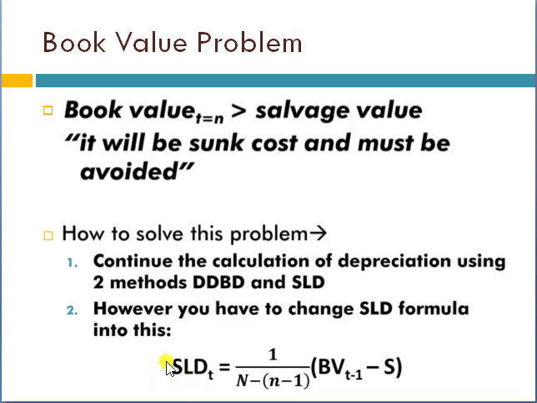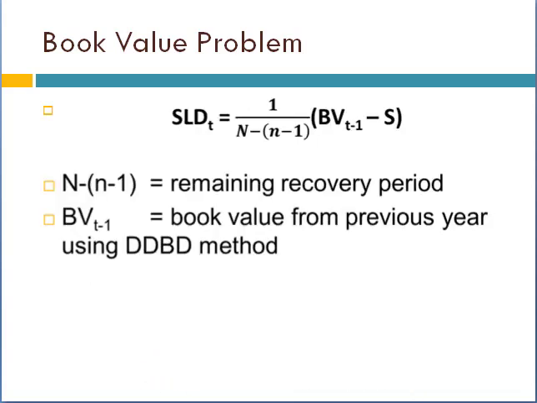Okay, this is the depreciation method for SLD. For the SLD one, you just change the little n as usual, and then the book value minus the salvage value. The book value is from the previous year using the DDBD method, because we are going to use two different depreciation methods at the same time.